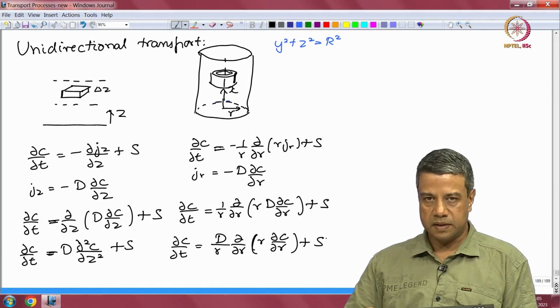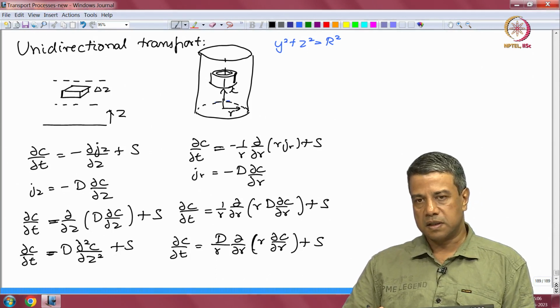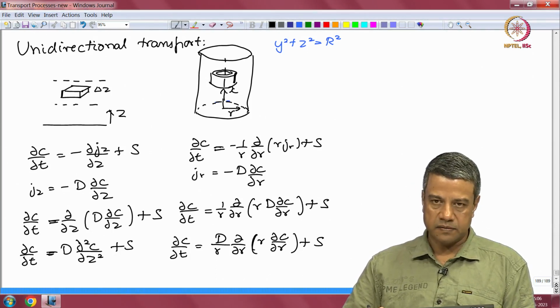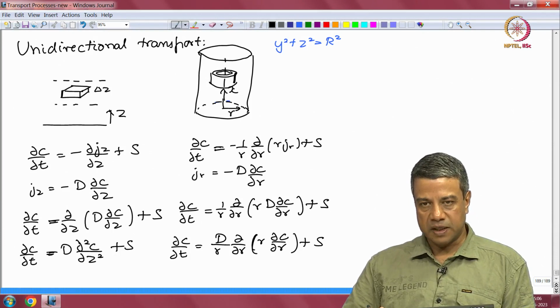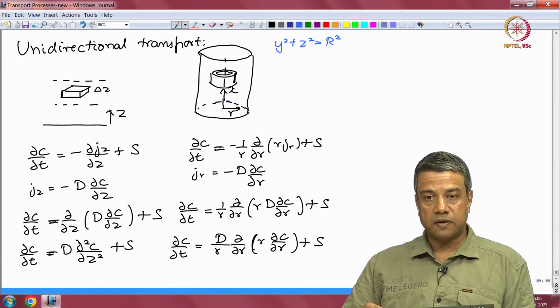So that was the conservation equation. This is valid for mass conservation, energy conservation. Substitute temperature for concentration and thermal diffusivity for mass diffusivity. It is also valid for momentum conservation. Substitute the velocity for concentration, momentum diffusivity for mass diffusivity, except for the velocity component that is around the axis.